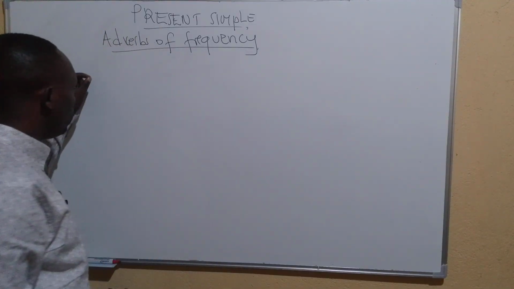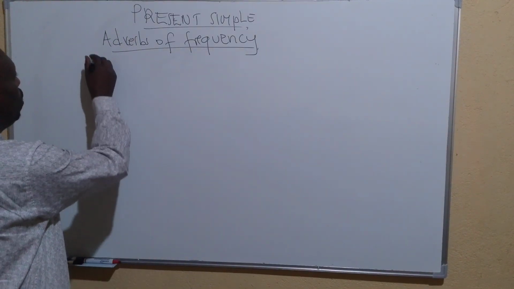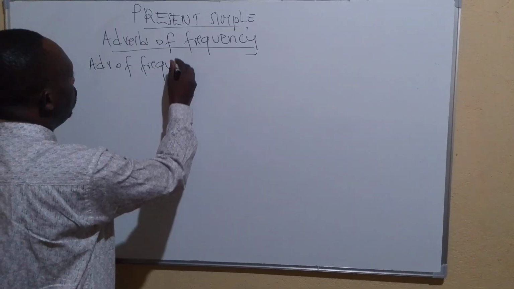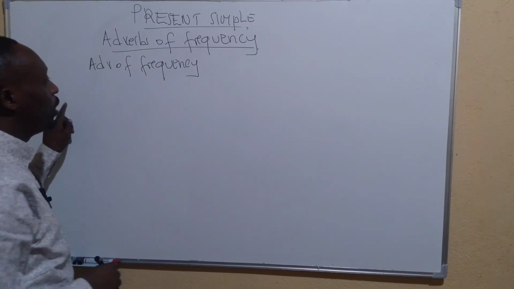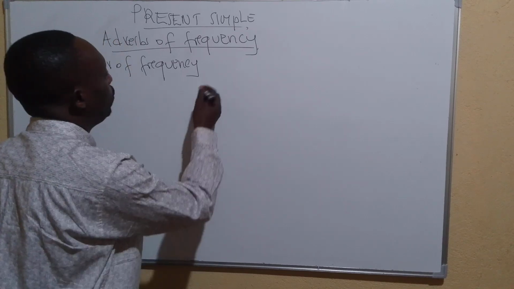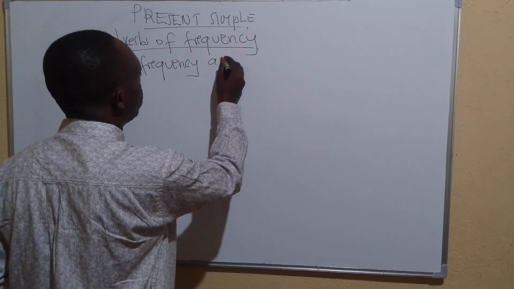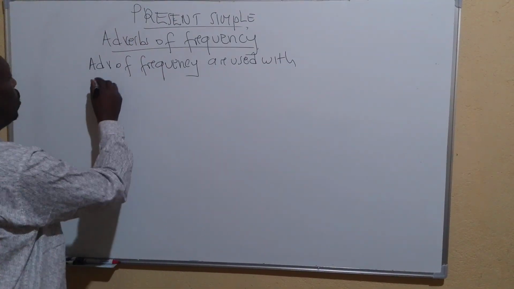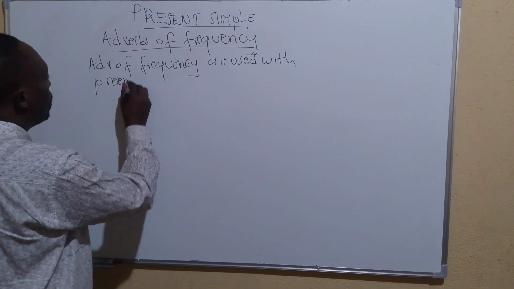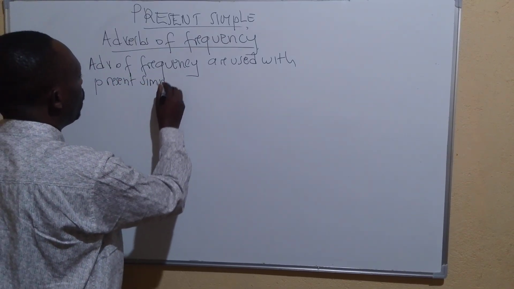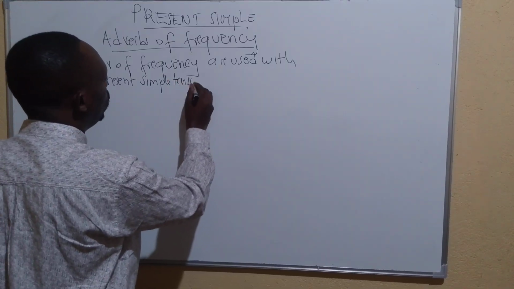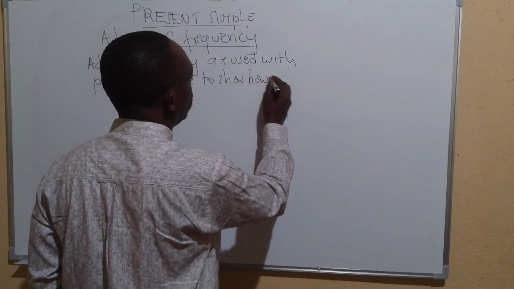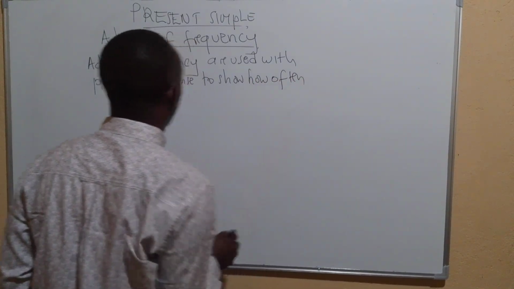Okay, now adverbs of frequency are used with the present simple tense to show how often an action is done.